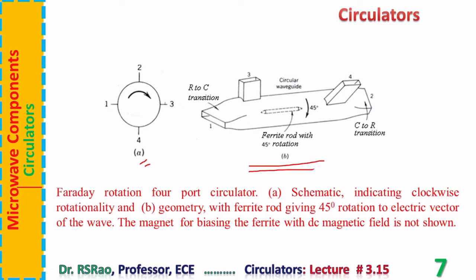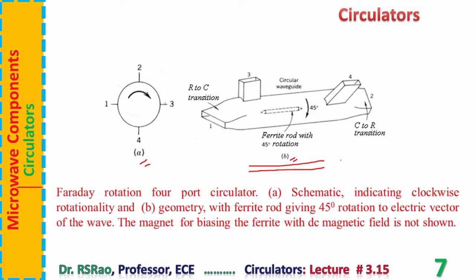How is this functionality achieved with the structure that we see right now? To understand the functioning of this particular device, we have to keep one important aspect in mind. Waves are associated with a certain structure. It is called mode. Waveguides are also associated with a certain physical structure. A wave can exist in the guide only when their structures are compatible, only when their structures are conforming to each other.